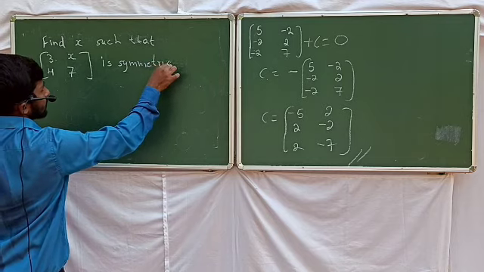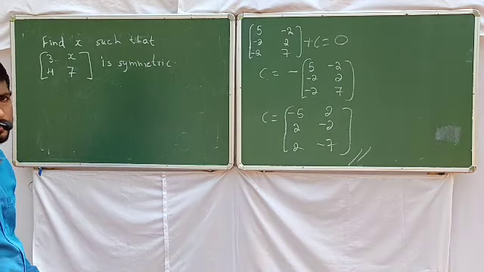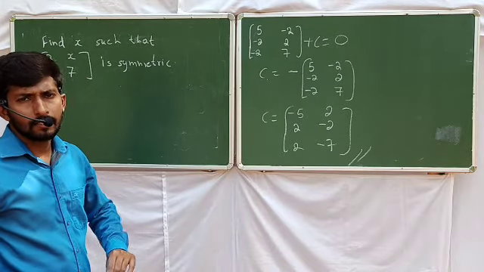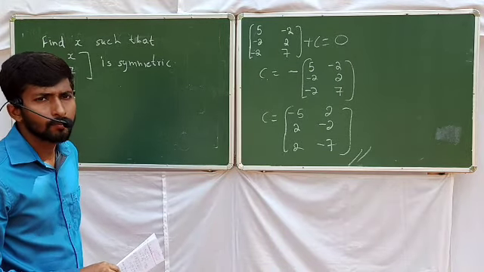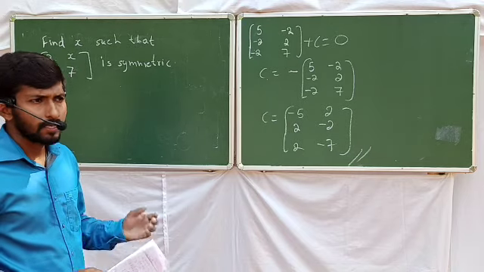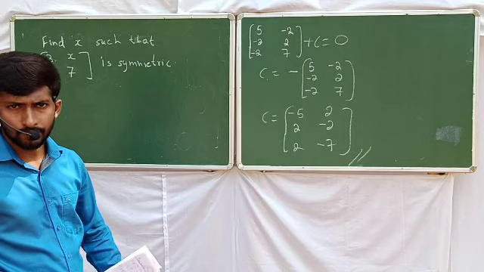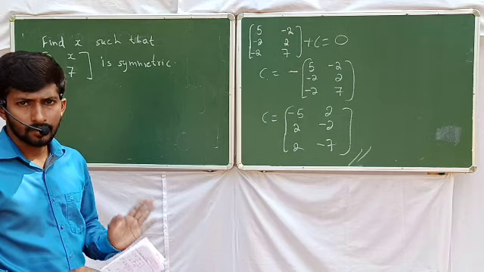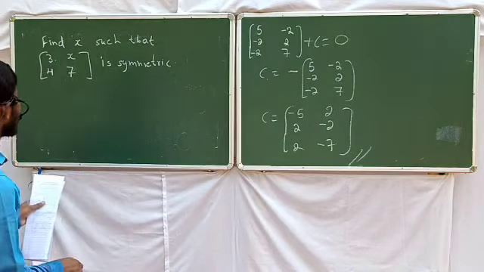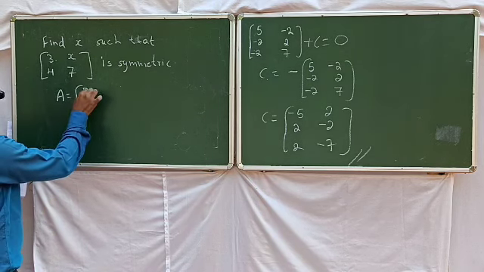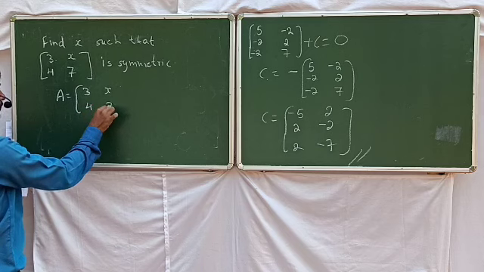Given matrix is a symmetric matrix. To find x, just use the definition of the symmetric matrix. What is symmetric matrix? Symmetric matrix means for any square matrix A, if A is equal to A transpose, we call that matrix as a symmetric matrix.